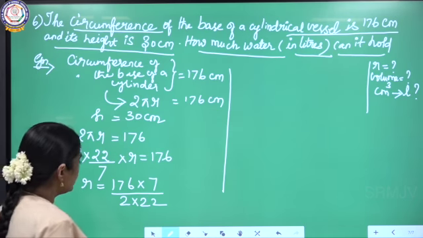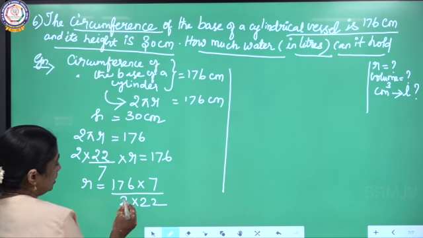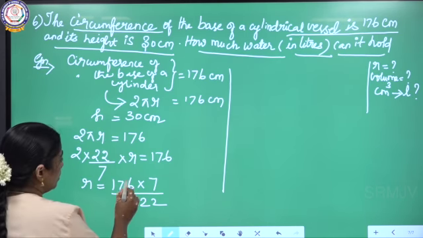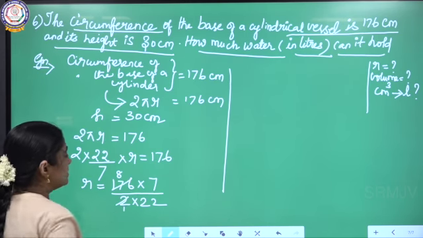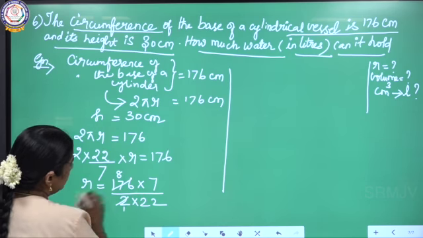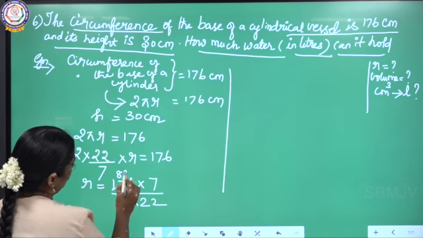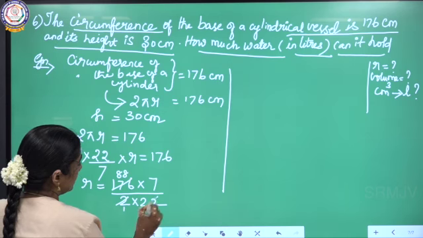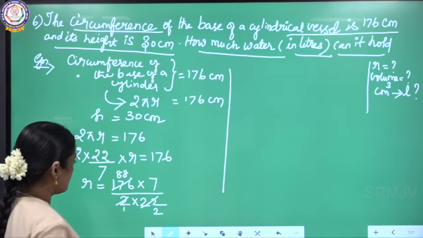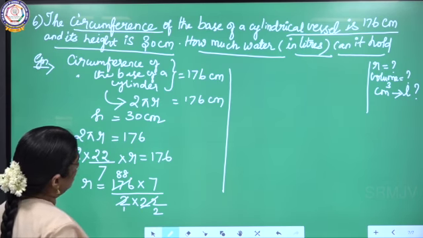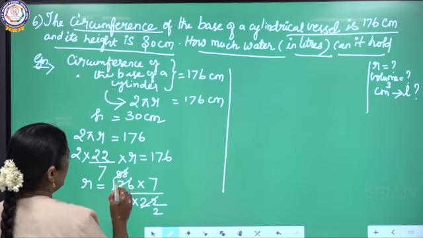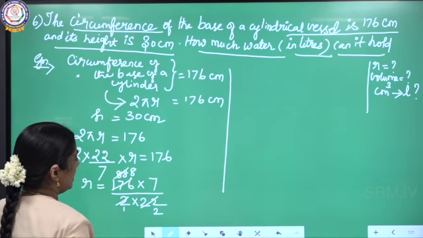Now I can cancel this. Listen. 2 ones are 2. 2 eights are 16. Balance 1. Now I can cancel this with the table. Listen. 22 ones are 22. 22 eights are 88.